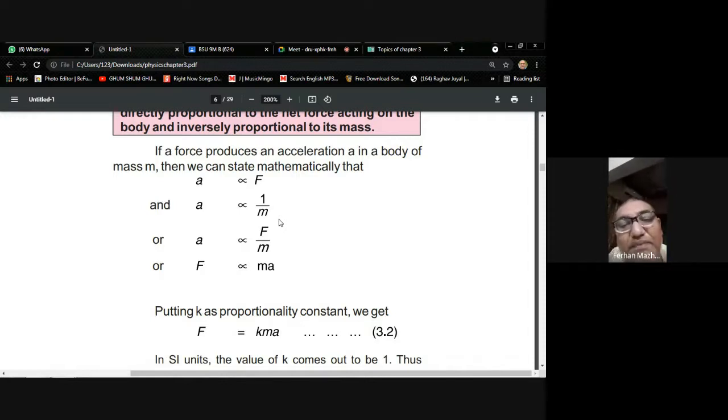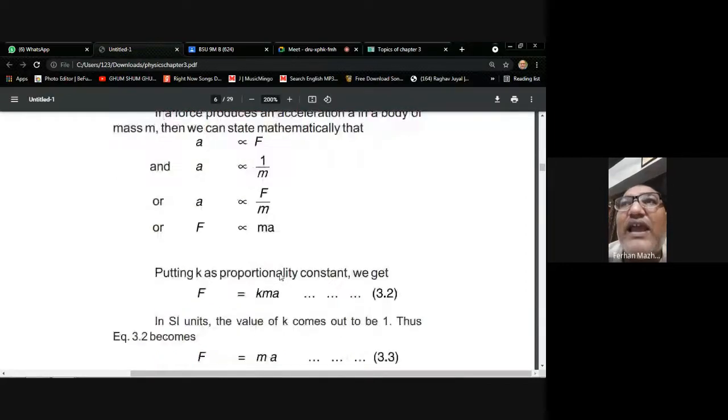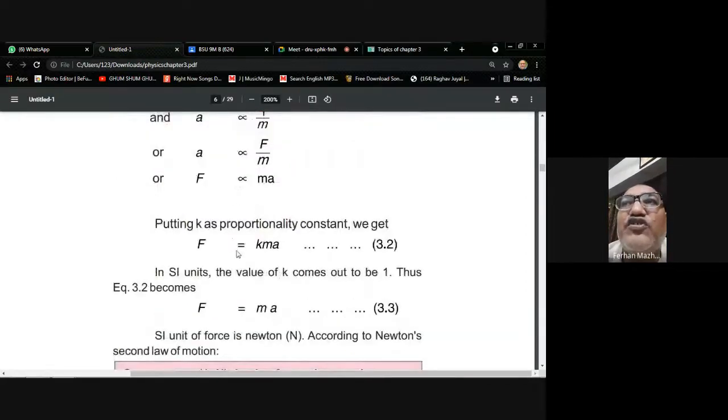So you join both these in a single sentence. So you will say A is proportional to F by M. This M can be taken to the other side: F proportional to MA. And when you remove the proportional sign, you introduce a constant here.